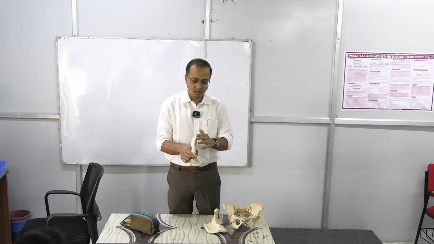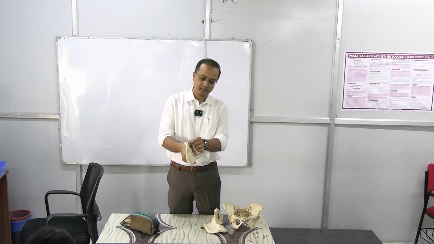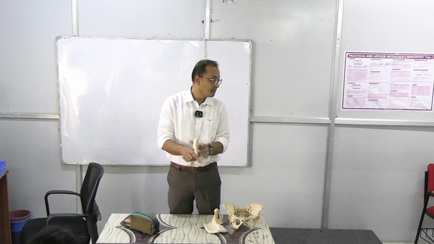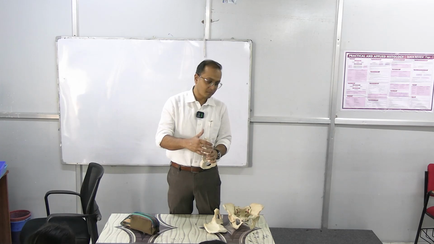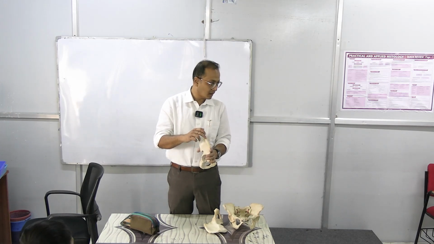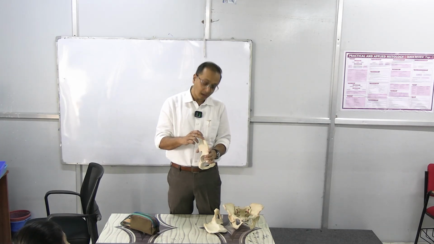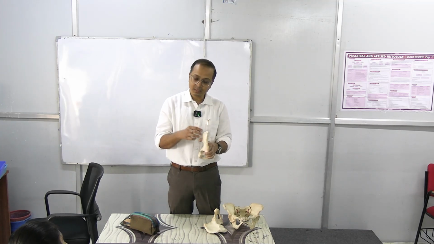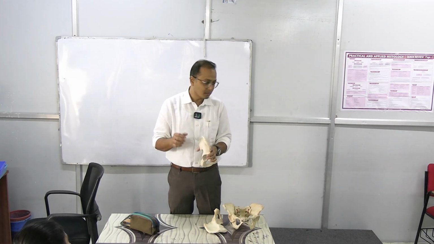Then it goes down on the posterior side, and the posterior side makes a bulbous thing, which we call the iliac tuberosity. So, the iliac crest has two bony projections: one is the highest point, the iliac tubercle, and the other, a little bit on the back side, projects down and is called the iliac tuberosity. Do not get mixed up.